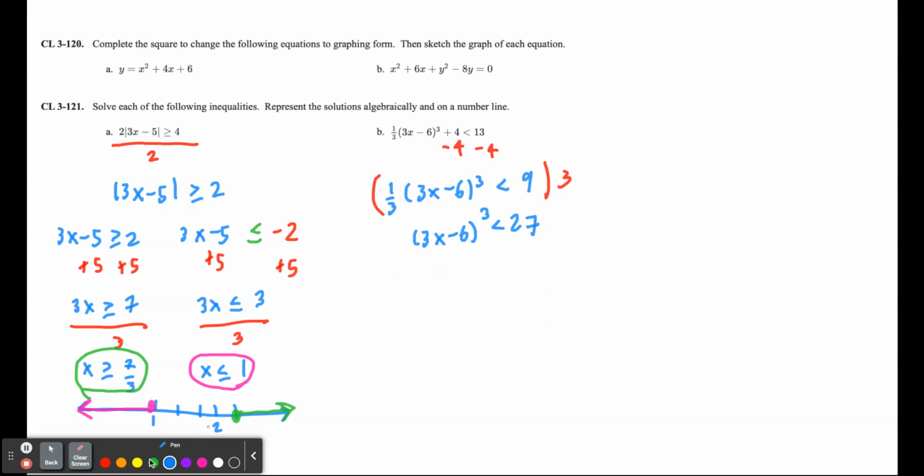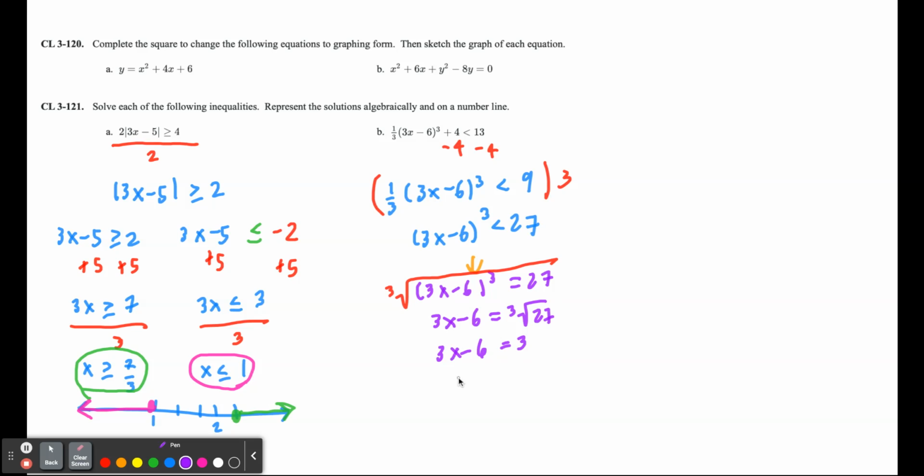Okay, and then we're going to change this into an equals so we can find that boundary point. So we're going to cube root this, and then we'll get 3x minus 6 equals the cube root of 27, which is 3.